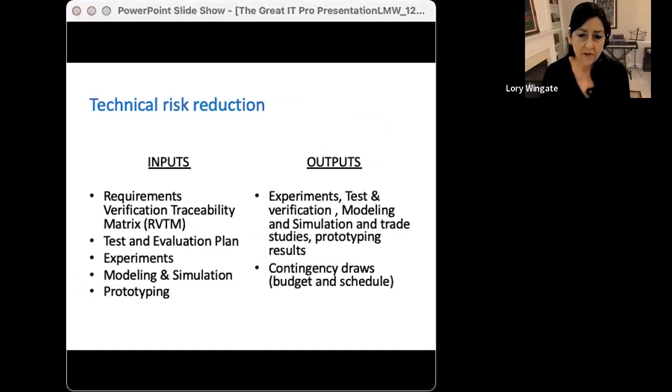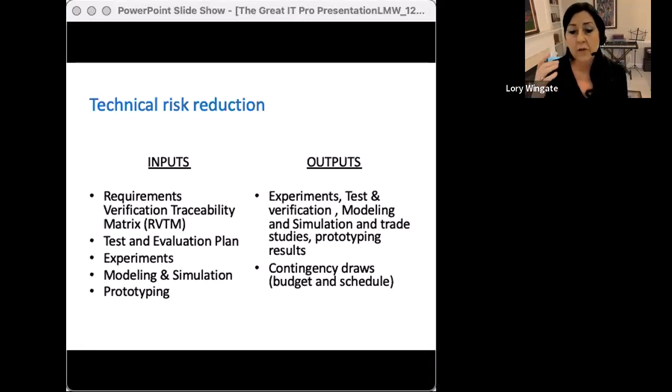The process of technical risk reduction provides a way to track each requirement against a test and an evaluation plan. Testing provides the opportunity to verify the performance of a particular activity against the expected performance.